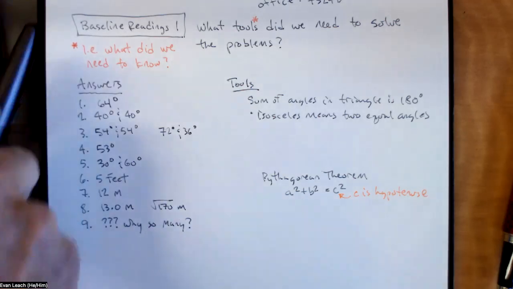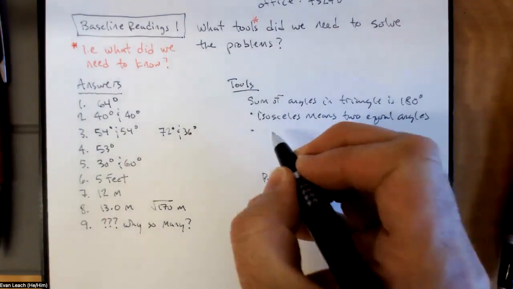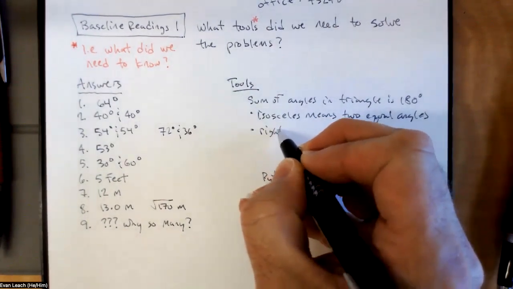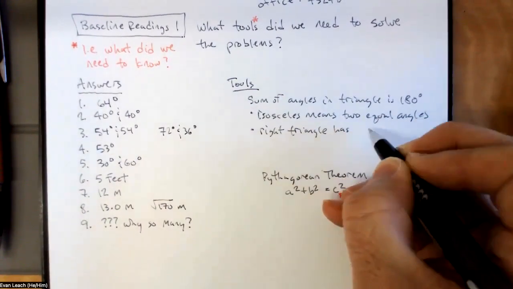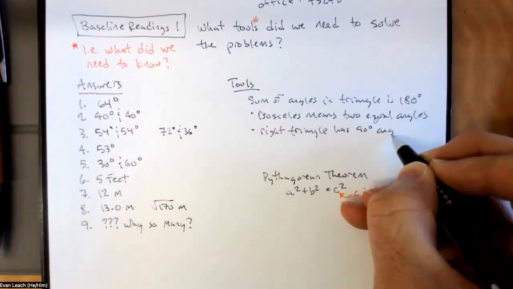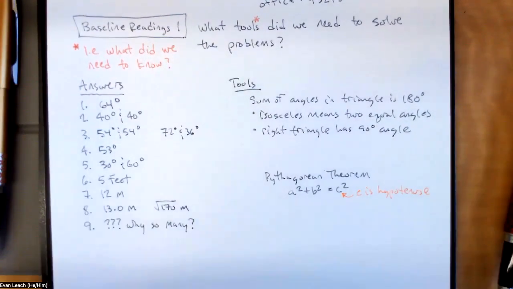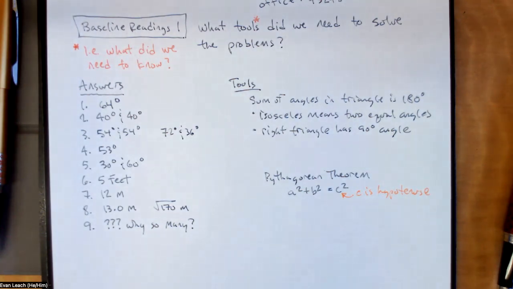One of the angles is a corner, a right angle. A right triangle has a 90-degree angle. A right triangle has a right angle. So that's what we need for that one. That's also needed for problem number 5.